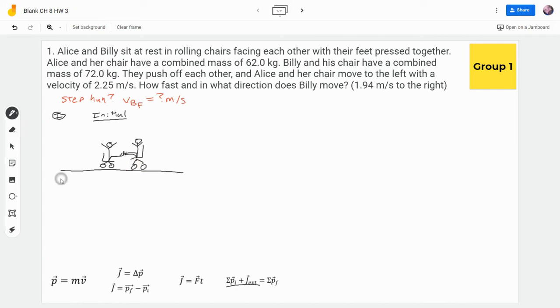Now we know that the mass of Alice, that's the number right there. So M sub A is equal to 62.0 kilograms. The mass of Billy is 72 kilograms.